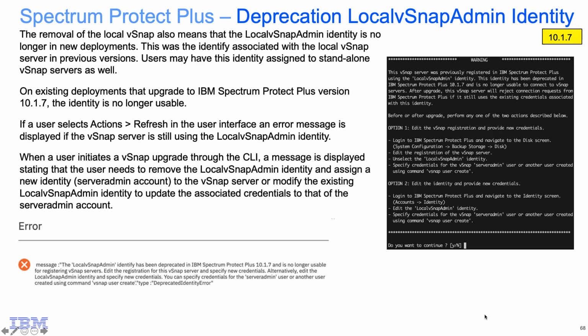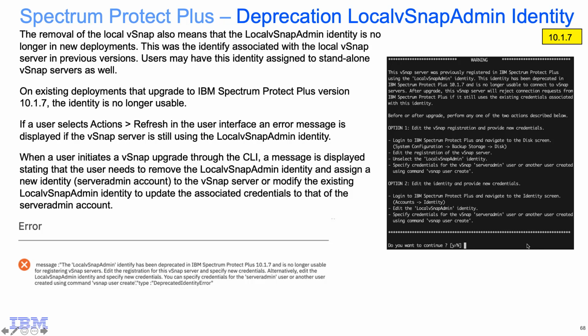Continuing with the theme of deprecation of the attached vSnap in the Spectrum Protect Plus appliance, there was also a user associated with that vSnap server called the local vSnap admin. With 10.1.7, that local user has been completely deprecated. We will not allow you to use it anymore. If you do attempt to use it in the user interface, you're going to get an error message that you see below.